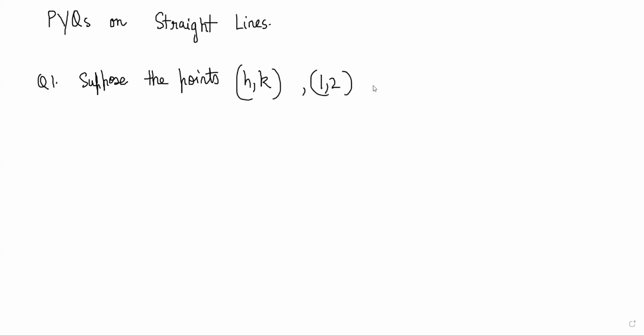So with that, I will start. This is the first question. This is JEE 2019. It says, suppose the points (h, k), (1, 2) and (-3, 4) lie on the line L1.